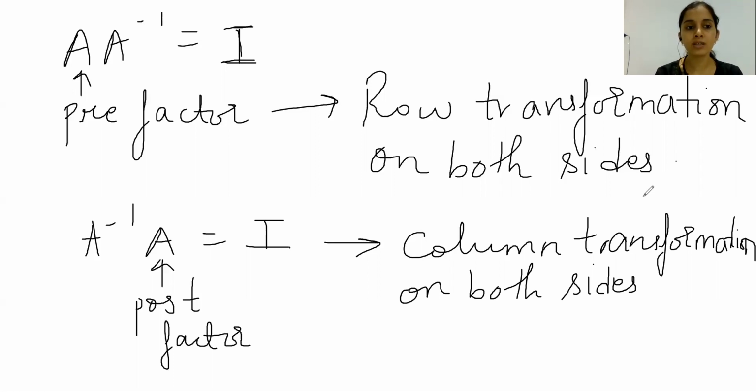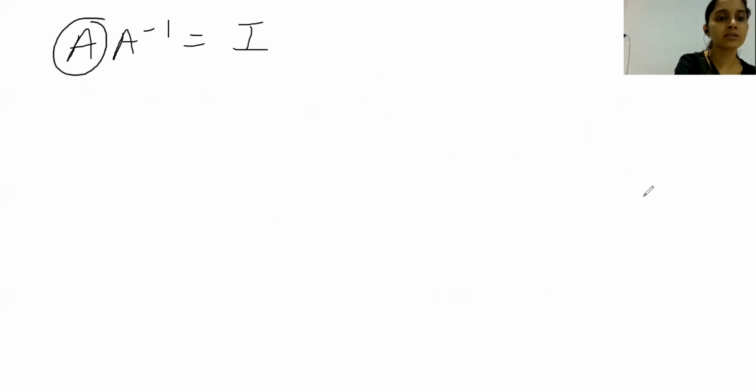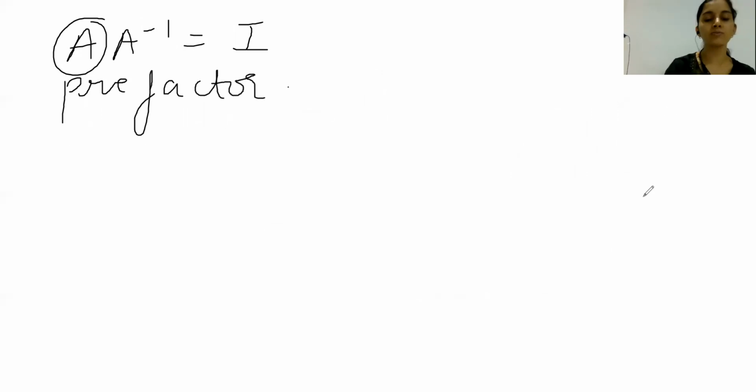If A inverse A becomes I, then it is a post factor, and then we will apply column transformations. Now let us do the first one, that is, if we have A inverse equal to I, that means A is the prefactor.